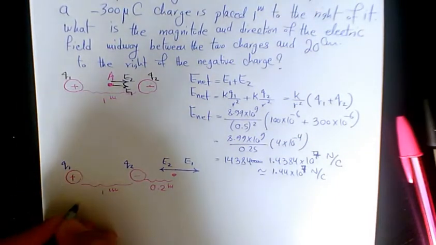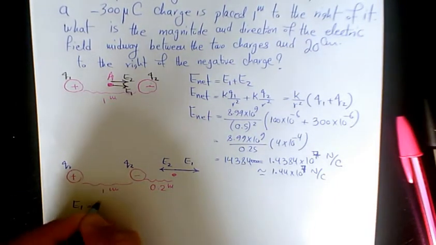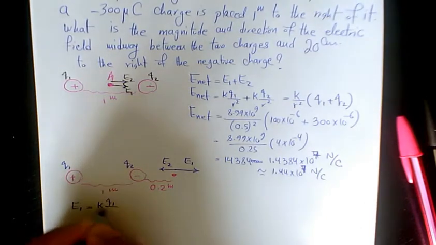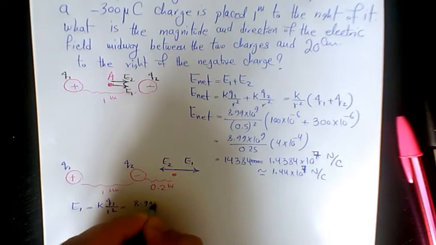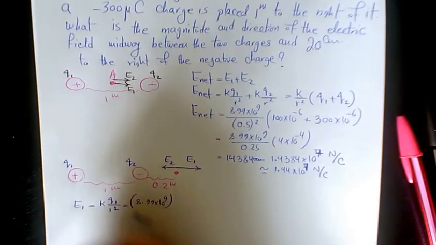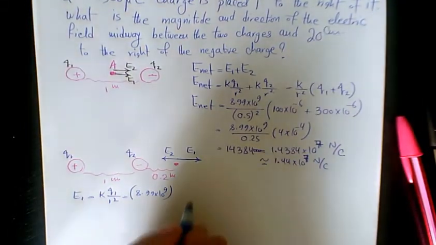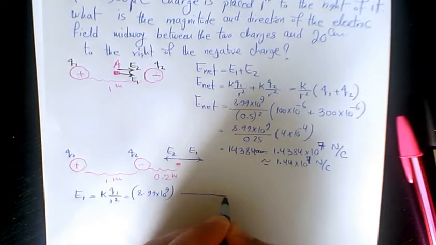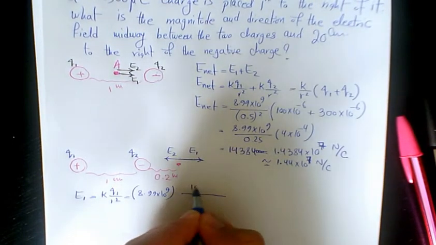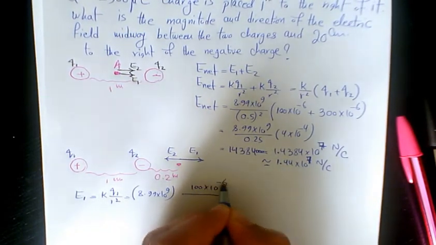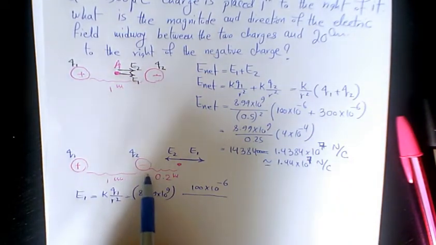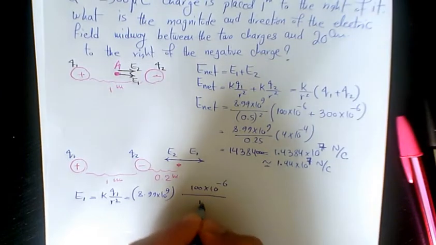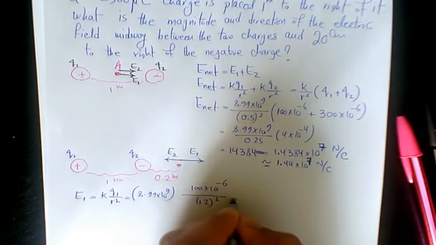So E1 will be KQ1 over R squared, which is 8.99 times 10 to the power of 9 multiplied by Q1, 100 times 10 to the power of negative 6, divided by the distance. The distance is going to be 1 plus 0.2, which is 1.2 to the power of 2.